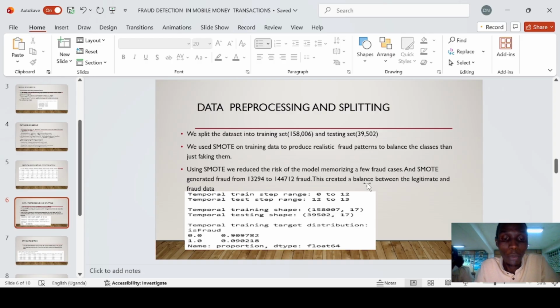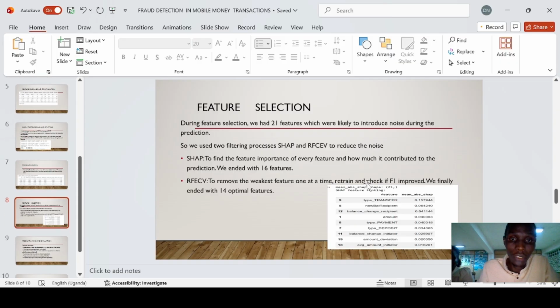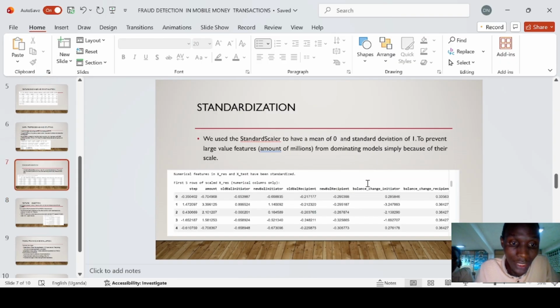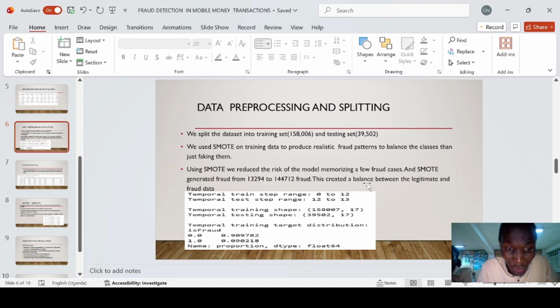So it produces a realistic looking example of a fraud pattern on the training sample, which reduces the risk of a model simply memorizing a few fraud cases.